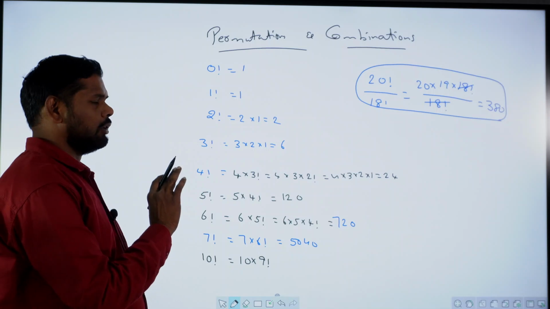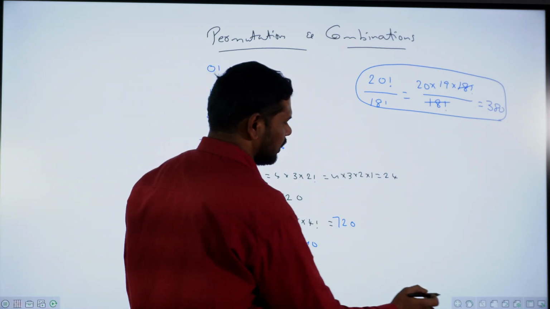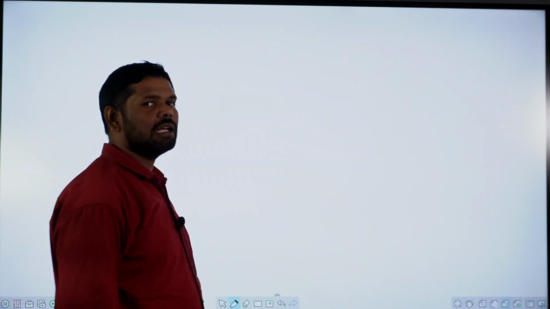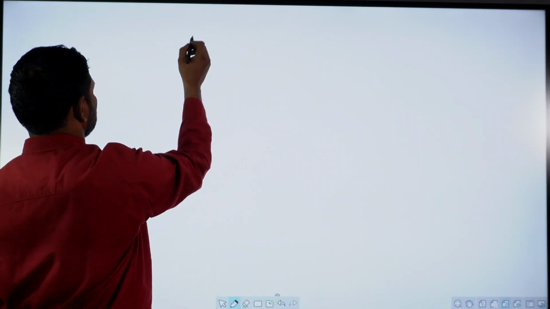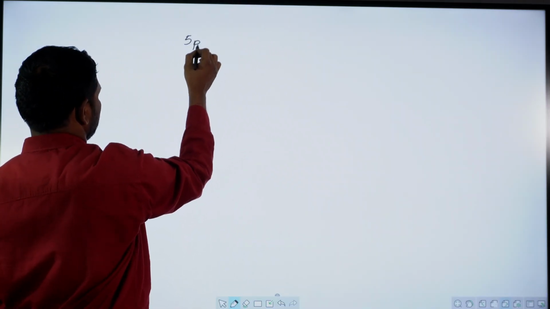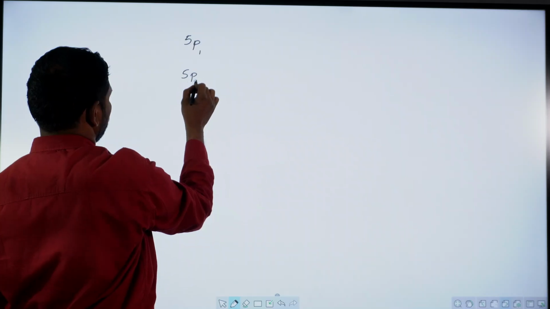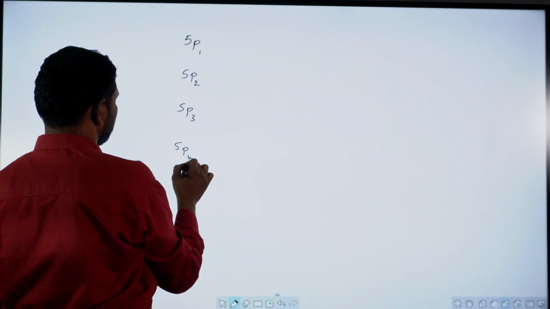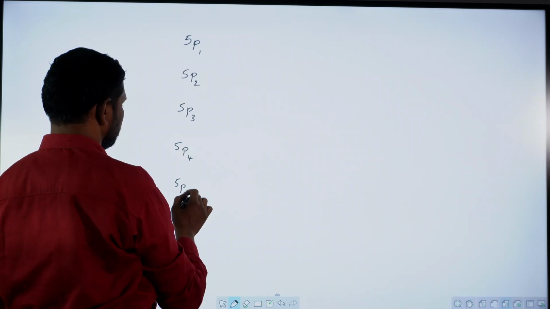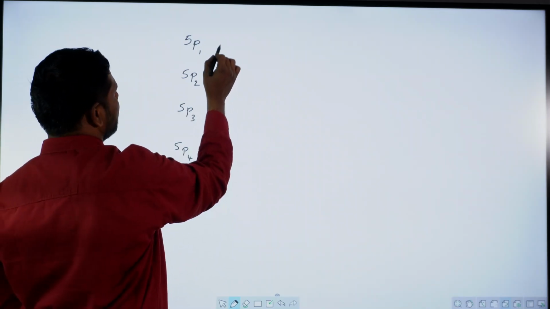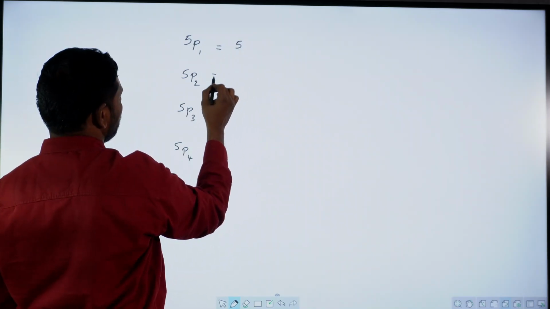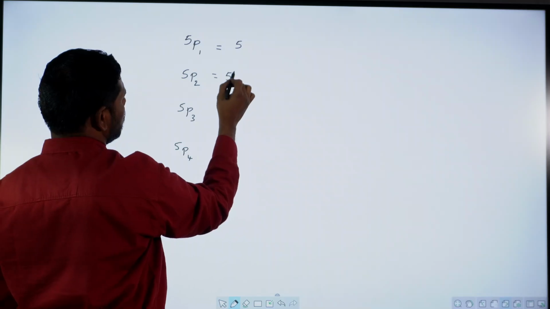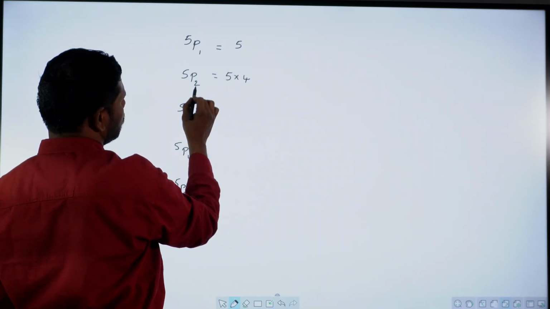We know all the factorial values, but in permutations and combinations, the P calculations and C calculations are there. So for the P calculation, suppose I take 5P1, 5P2, 5P3, then 5P4, 5P5. This is how we are going to end. 5P1 value is 5. 5P2 means we need to multiply in the decreasing order up to 2 terms.